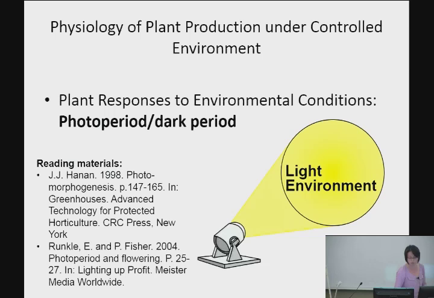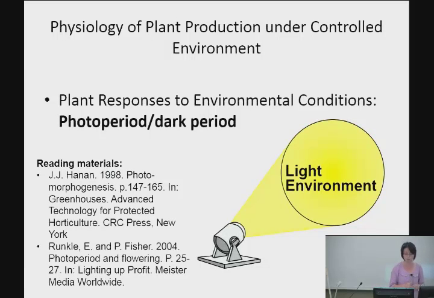All right, so two reading materials. One is Hanan's photomorphogenesis, a little bit less than 20 pages. The second one is much easier to read. It's the growers' articles, or articles toward growers. Erik Runkle and Paul Fisher wrote this in 2004 for growers.